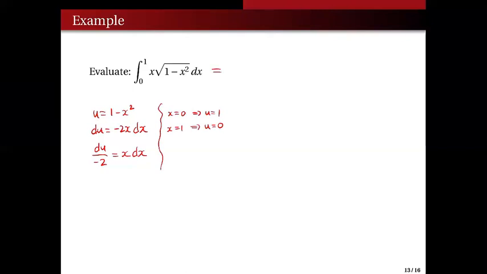Therefore, we now have the integral. Take note, x equals 0 is the lower limit of integration, and the corresponding value for u is 1. So this is 1. In here, you have x equals 1, the upper limit of integration, and the corresponding value for u is 0. So here we have 0.